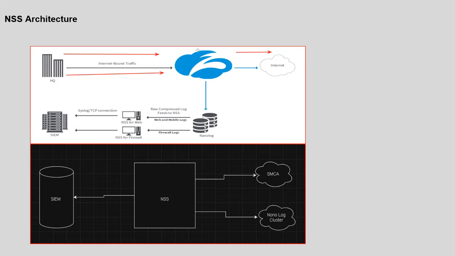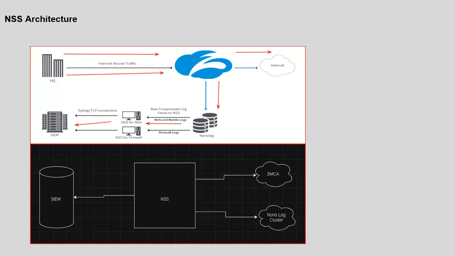When Zscaler processes that traffic, it generates some logs. So let's say you're accessing abc.com, it generates logs for that. These logs are stored in the nanolog cluster, and then it forwards these logs to your NSS, and then your NSS forwards these logs to the SIEM solution. That's the flow we already understand from our basic training.